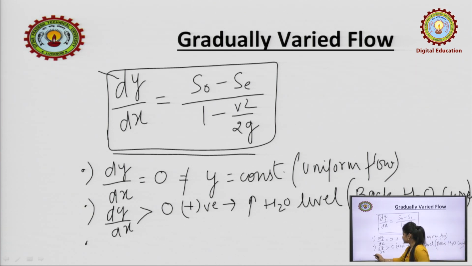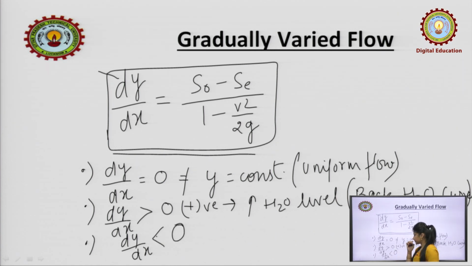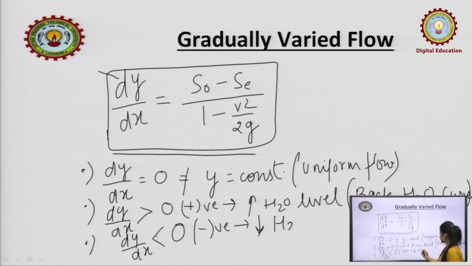And third, if dy over dx, the change in depth with respect to horizontal distance, is less than 0, then we have a negative value, that is, a drop in the water surface level of the flow, resulting in a drop down curve.